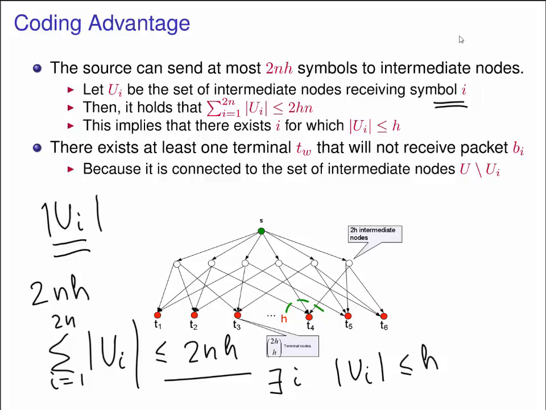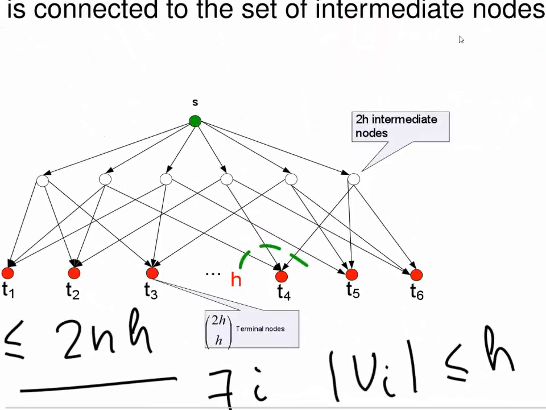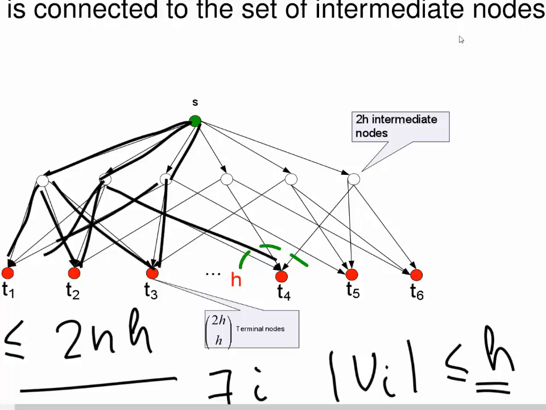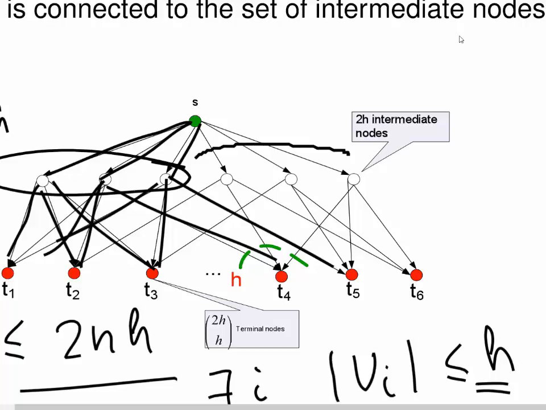So let's consider this packet i for which the size of ui is at most h. This packet i will be delivered to a set of intermediate nodes, which in turn will forward it to terminals. If the set to which this packet i is delivered is at most h, then there exists another set of size at least h to which this packet is not delivered.